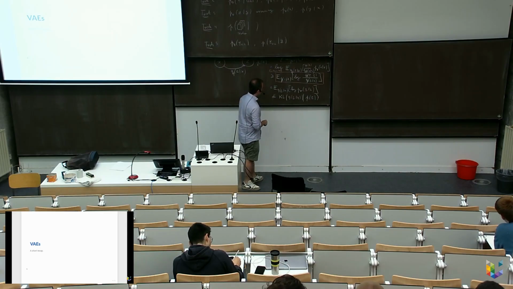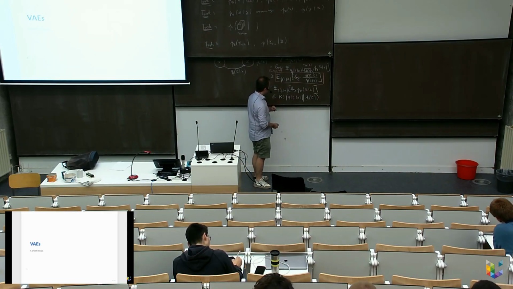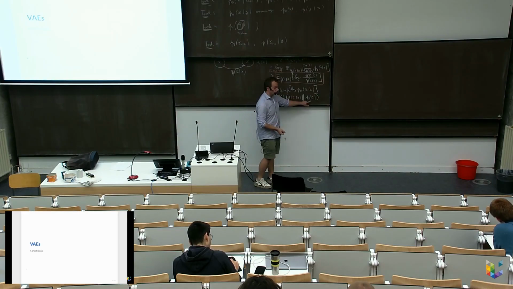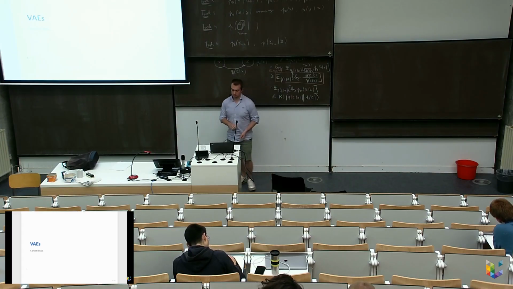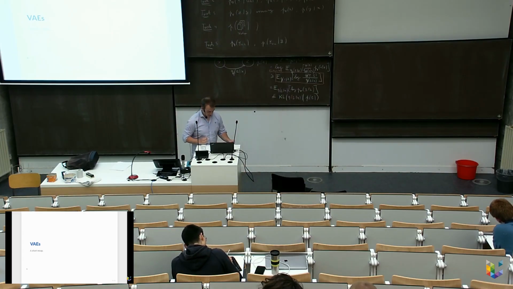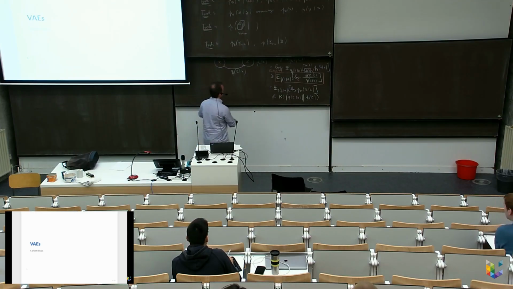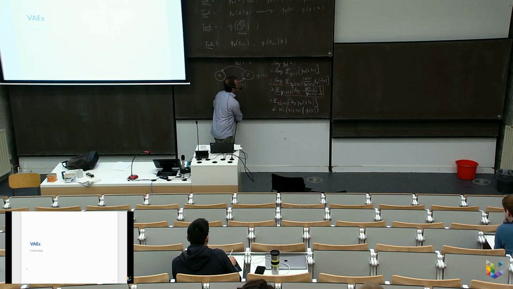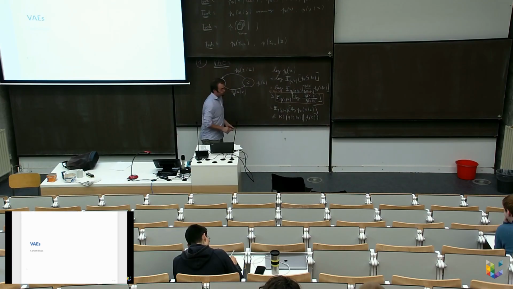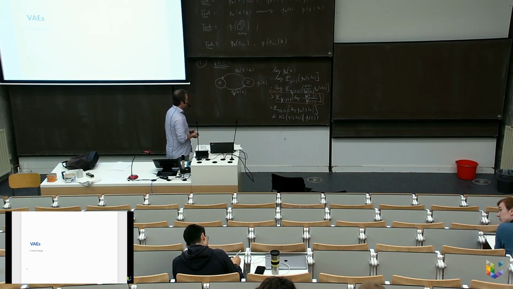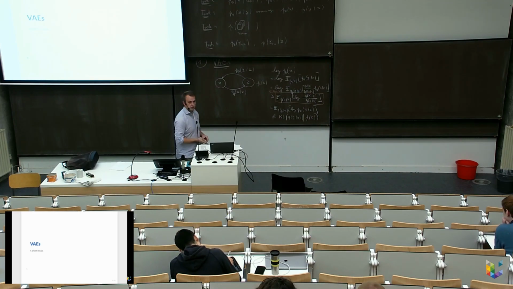At the same time, you are forcing, in the sense of the KL, the sampling distribution Q of Z given X to remain close to the prior. Questions so far?